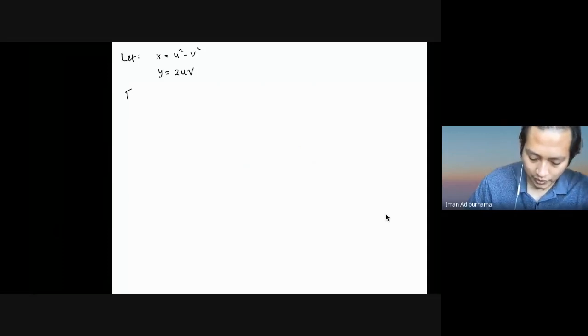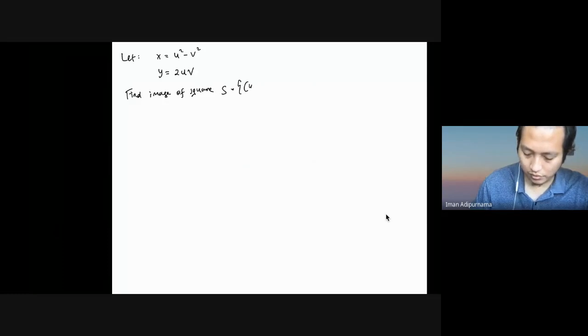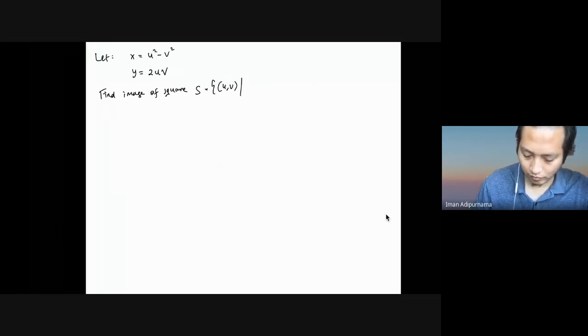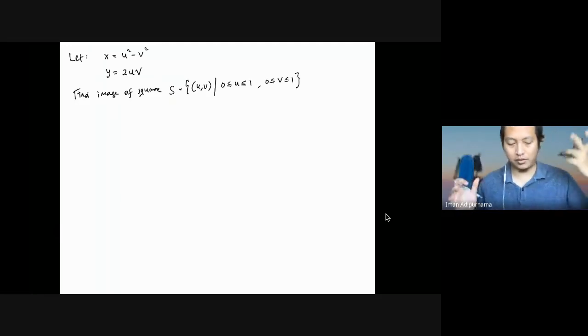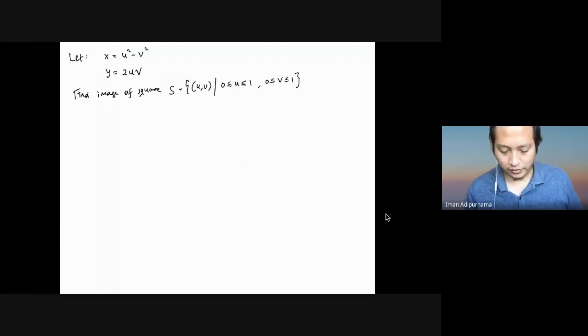So if we need to find the image of square S, this is uv, and we can set up the boundary from 0 to 1 and 0 to 1 for u and v.